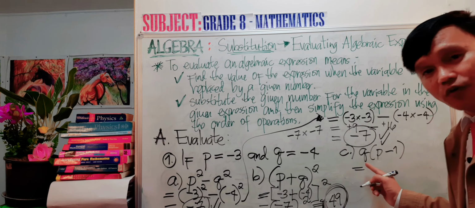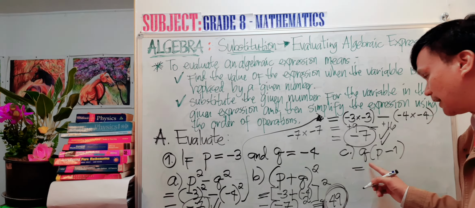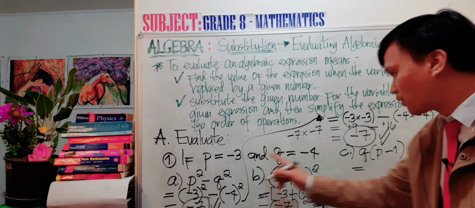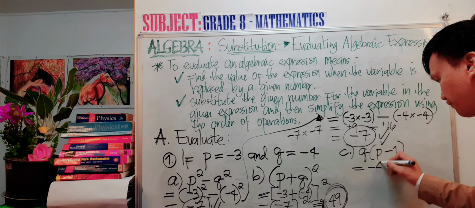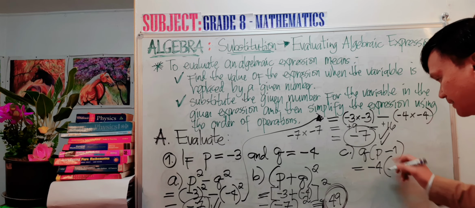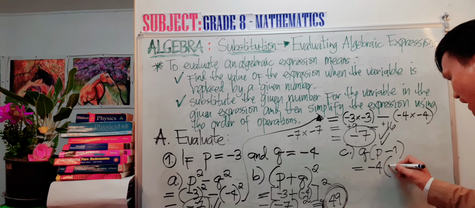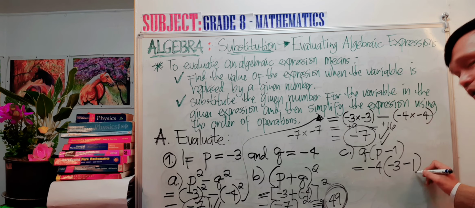Before you perform the operation, it is best for you to substitute the value. Okay. So the value of our Q is -4. So put -4 over here. Open. The value of our P is -3. So we have -3 minus 1 and then close.